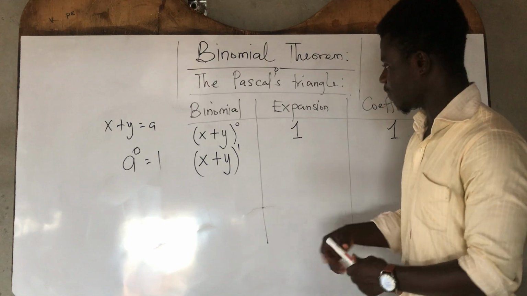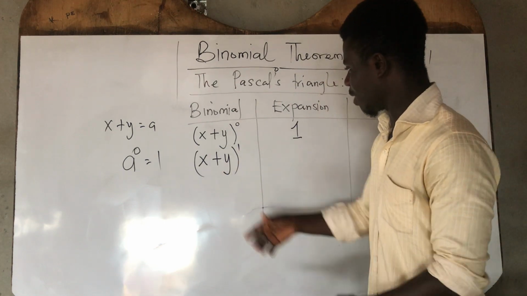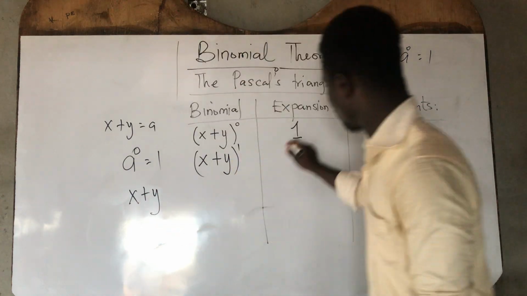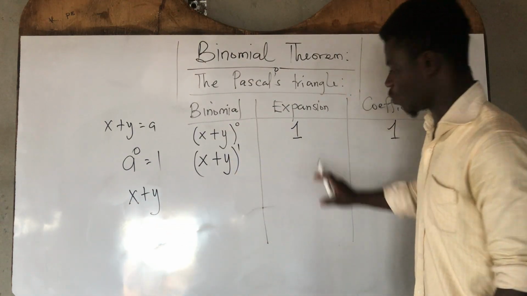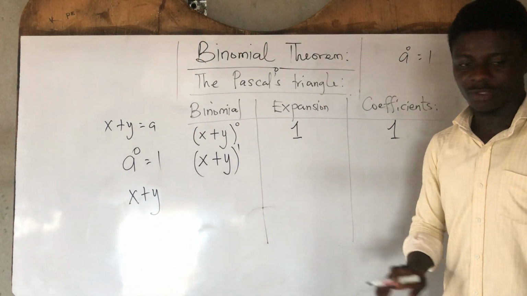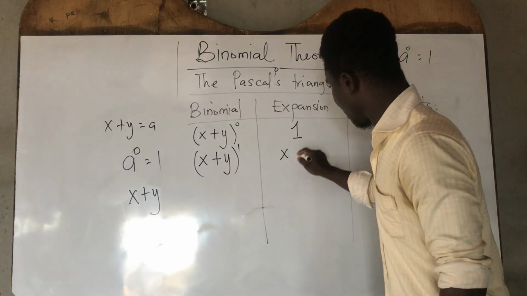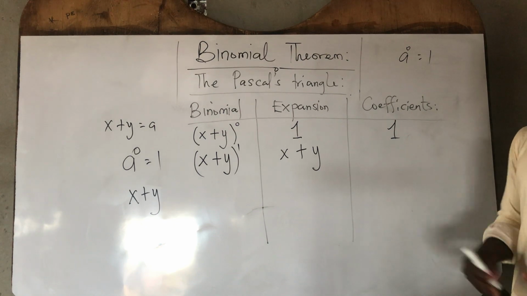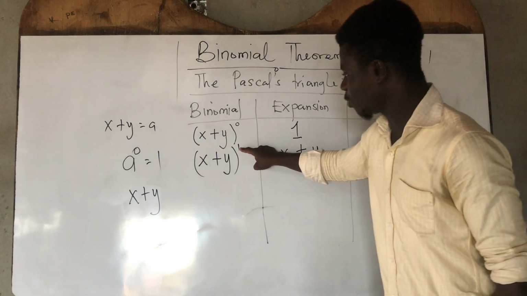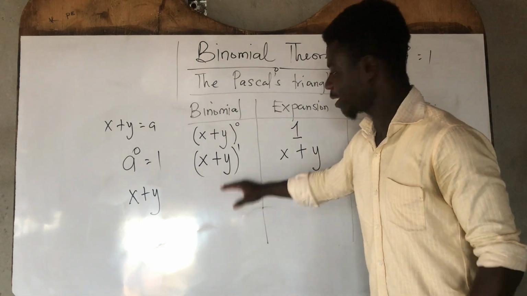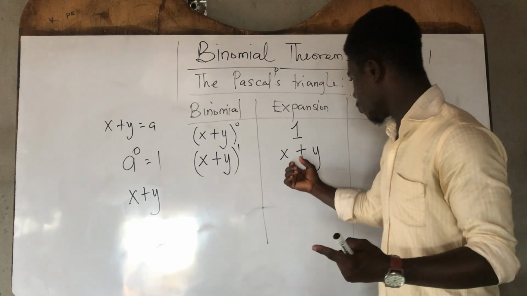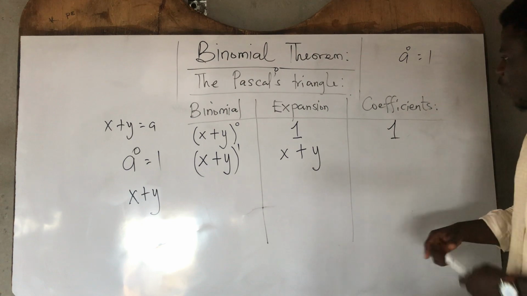Let's expand this one. If we have x plus y to the power 1, it's the same thing as x plus y. When we expand, we get x plus y. The power affects the bracket, and it's appearing only once.